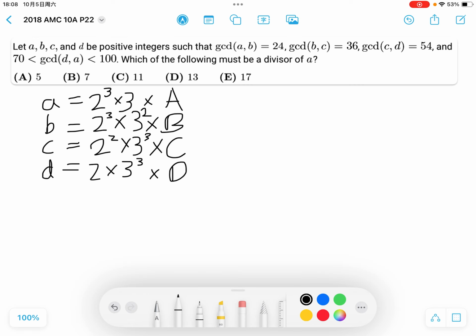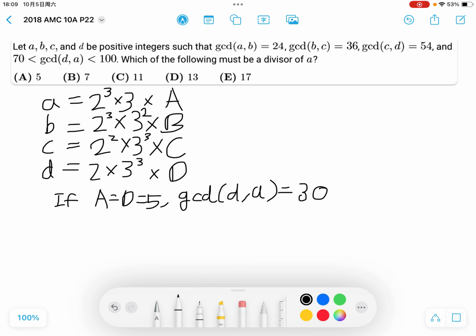So the best way to do this is just test the options, just make life simple. So right now, if we test 5 for big A and big D, then if big A equals big D equals 5, we know that the GCD of D and A is going to be at least 30.